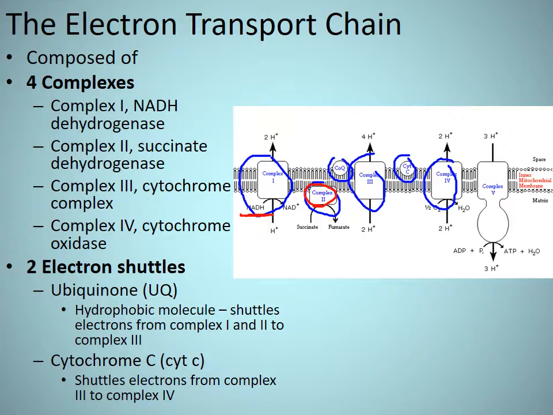When the electrons are dropped off to complex 1 from NADH, those electrons will move from complex to complex through the electron transport chain, and then finally end up at this reaction here, forming water.